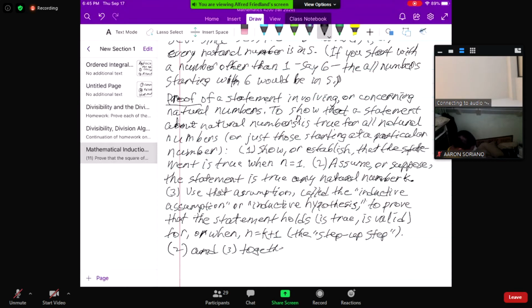Professor? Yeah. Is that a lowercase k or is it a capital K? Oh, I'm using lowercase k's here. You have to write very carefully. In print, it's very clear. I'm only using lowercase k's.